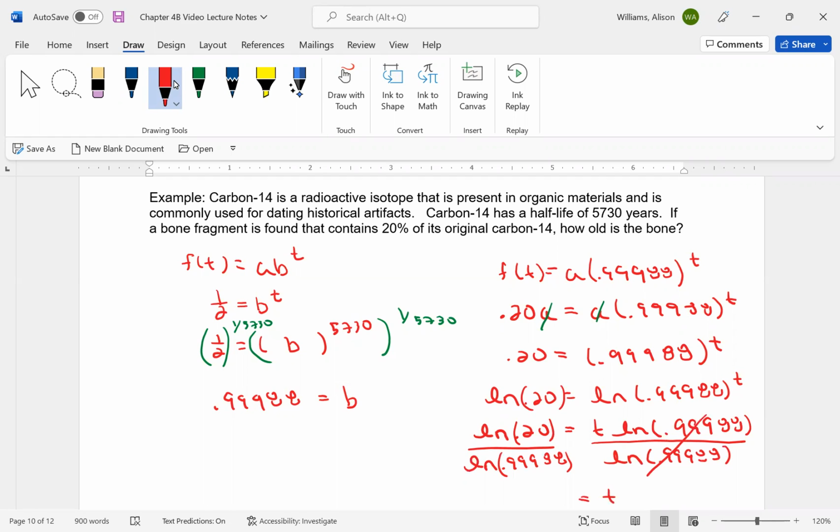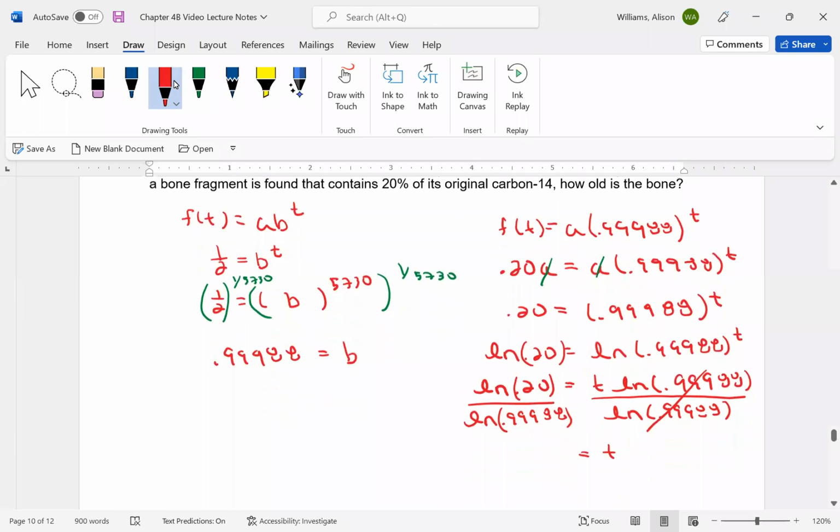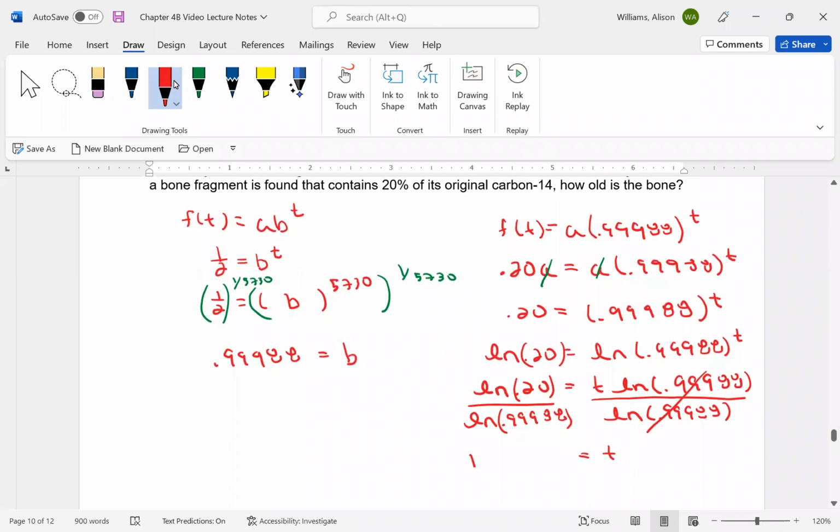Okay, so natural log of 0.2 divided by the natural log of that decimal, which in my calculator is the previous answer. So I just put that in as the previous answer, and I'm getting 13,304. Now, if you use the rounded number, I think it comes out to like 13,411. I mean, it's actually quite a bit off.